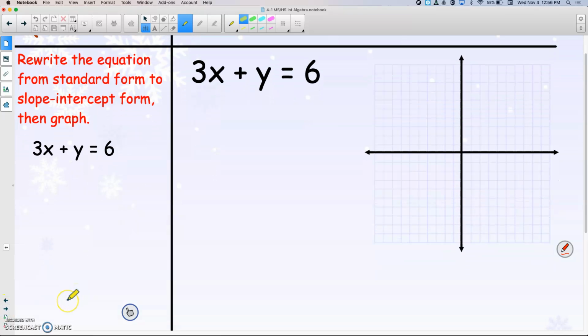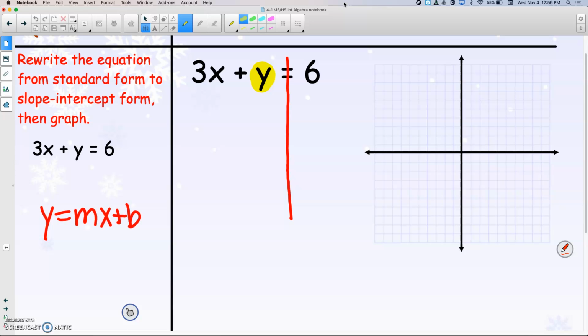Next, we have to do a little rewriting. This is not in slope-intercept form. So if I highlight my variable, y, because slope-intercept is y equals mx plus b, we want the y by itself. So I would have to subtract 3x to move it over to the other side like this.